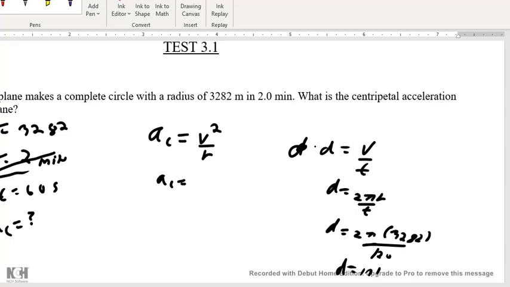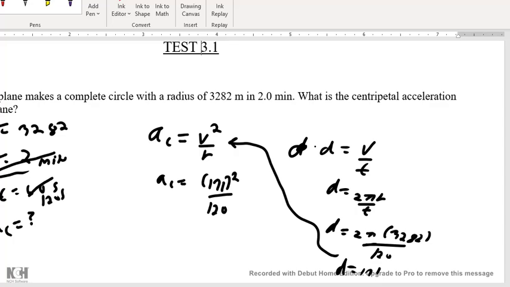Now, when you get ready to finish this problem, you're going to take this and plug it into that V. That gives you 171 squared over 120. I said 60, but that's not right because it says 2 minutes, so that should be 120 seconds. Now your setup is ready. All you gotta do now is put it in the calculator.